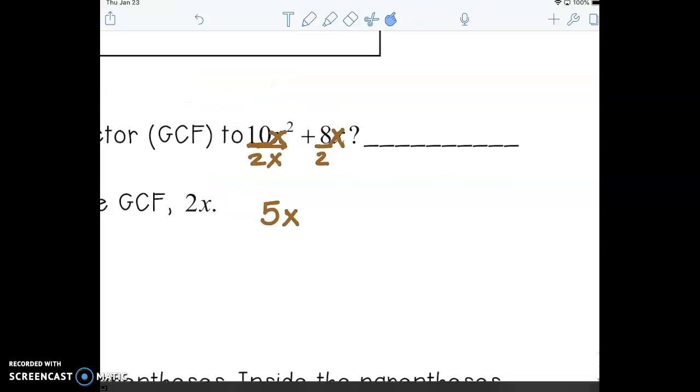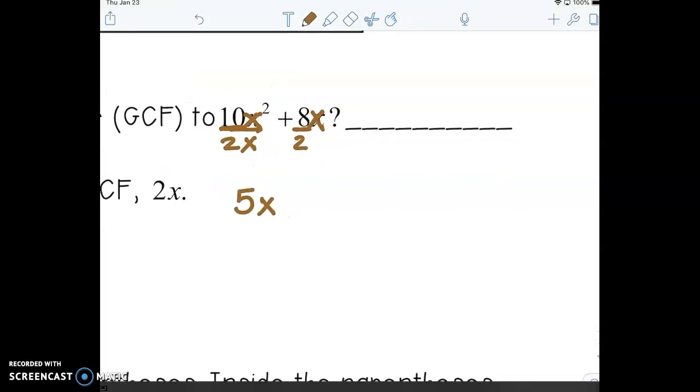Here's the actual math off to the side. 10 divided by 2 equals 5. X squared looks like x times x. Divided by an x cancels and leaves me an x. Sorry, it was divided by 2, not 5. Okay, so same thing.